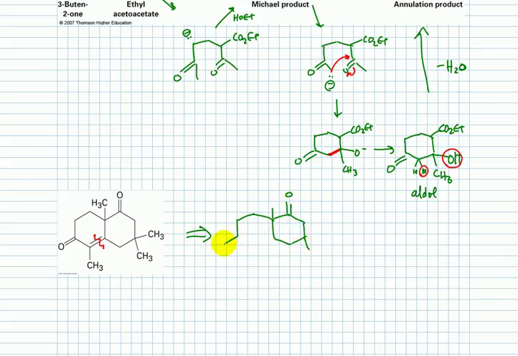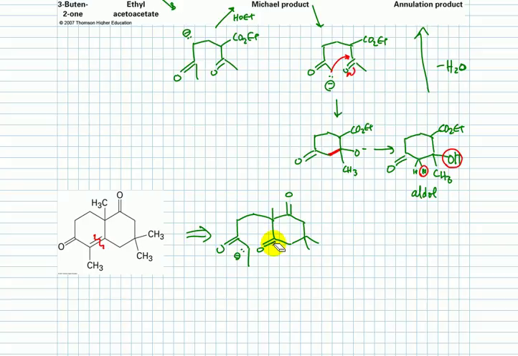methyl groups, it's a carbonyl. This right here was our original alpha carbon, and that added to a carbonyl. Okay, so that's just the classic aldol disconnection, where we disconnect the double bond of the enone, right, where one carbon was the enolate, on the other was a carbonyl that was added to.